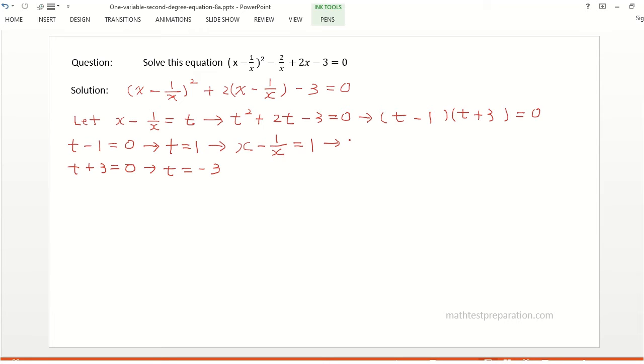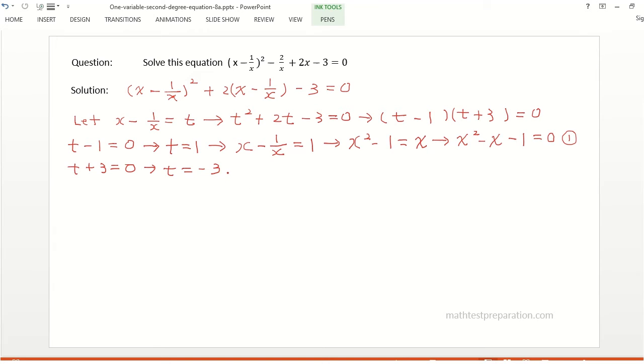So we have x squared subtract 1 equals x. Now we move the x to the left side of the equation. We get x squared subtract x subtract 1 equals 0. This is our first equation.